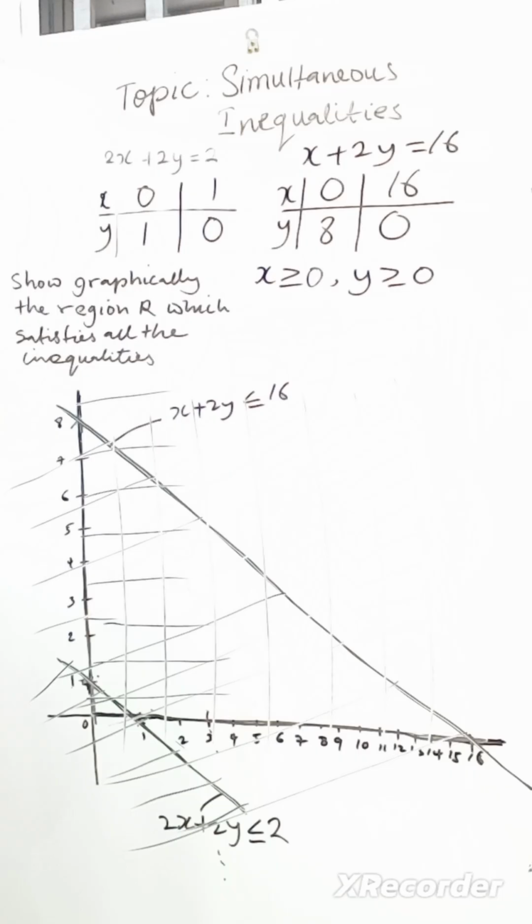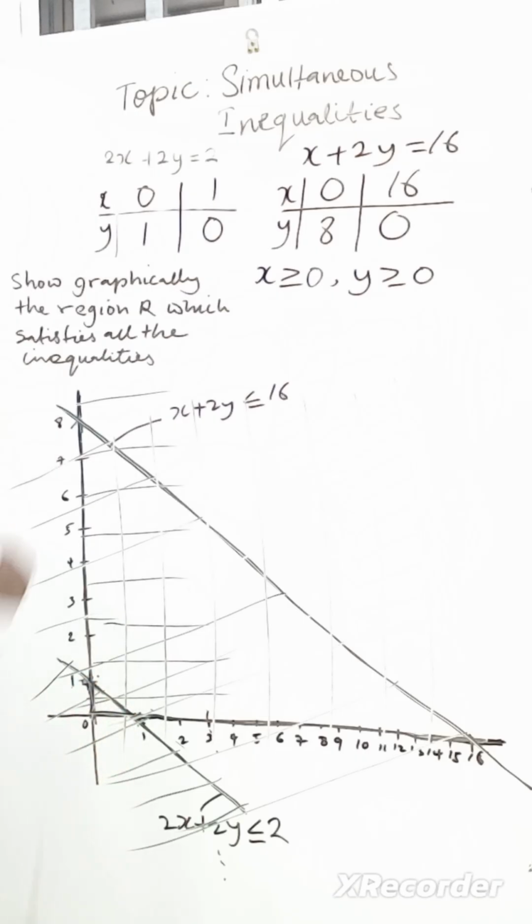So the point where my shading meets, I have 4 inequalities here, so to speak. The region where all the shading intersects is the region that satisfies all the inequalities. And that is the region marked with an arrow, and that is this triangle here. So this is where all the shading of my graph meets.